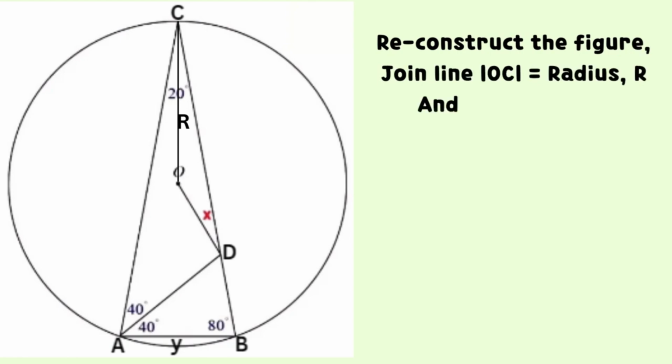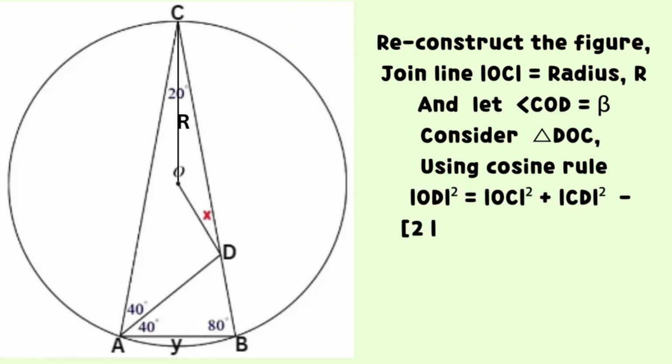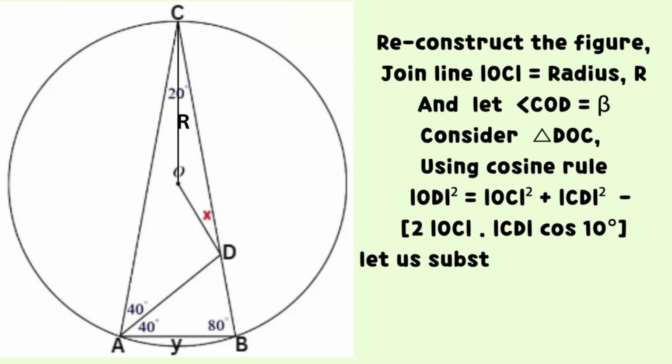Reconstruct the figure. Join line OC equals the radius, r, and let angle COD equal beta. Consider triangle DOC. Using the cosine rule, we have the equation for the square of line OD as shown on the screen. Let us substitute values and simplify.